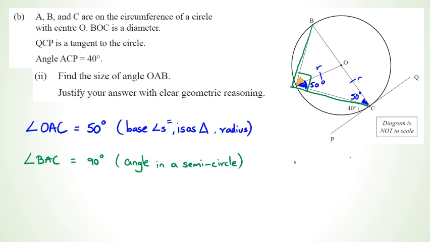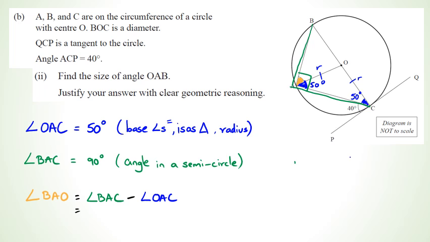So now that we have angle BAC, we can say that angle, what are we looking for? OAB or BAO, same thing, can be written as angle BAC minus the blue angle, which is angle OAC.